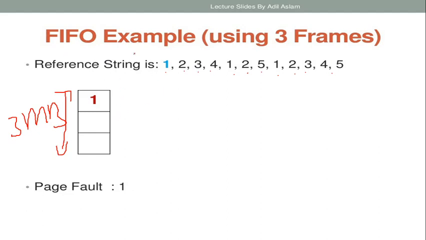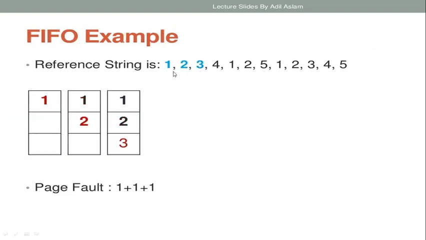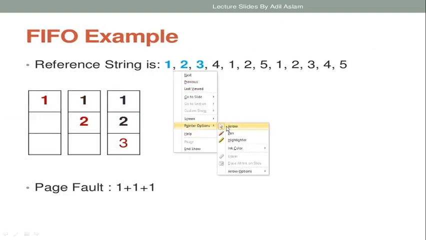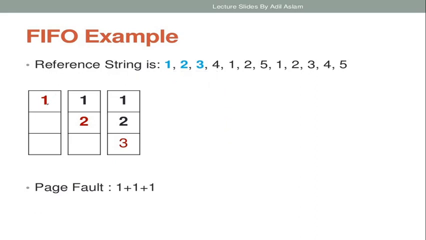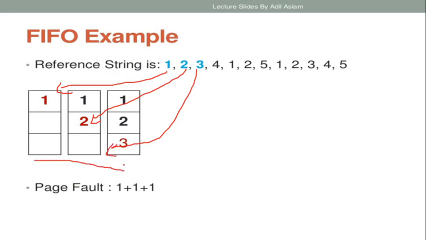So in the FIFO page replacement algorithm, when it occurs, it will try to load 1, 2, 3. These three are put in here, 1, 2, and 3. This is the time axis.